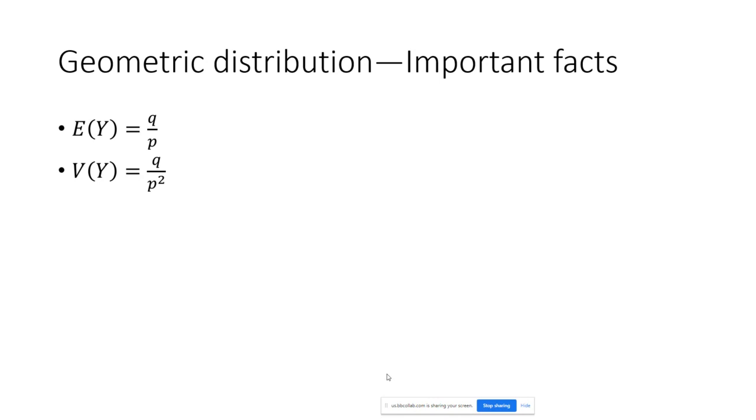Kyle: So just to reinforce this, Q is the probability of failure and P is the probability of success. Correct. Okay. Q is the probability of failure, P is the probability of success.